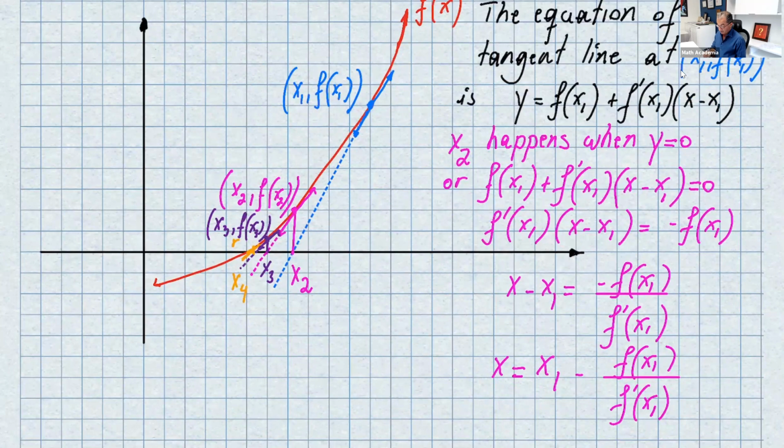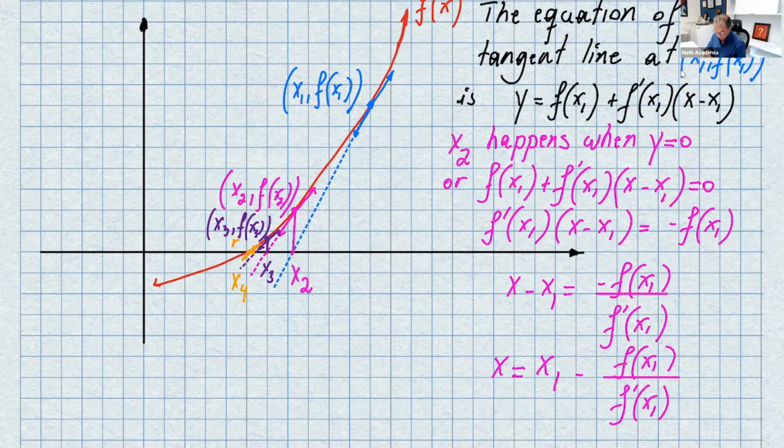And if you do that, you get x minus x1 equals negative f of x1 divided by f prime of x1. Isolate x by adding x1 to both sides. So x will be x1 minus f of x1 over f prime of x1. We can call that x2 at that point.